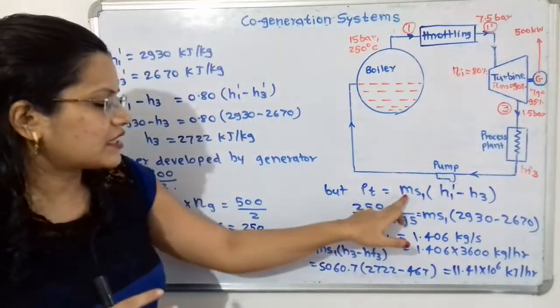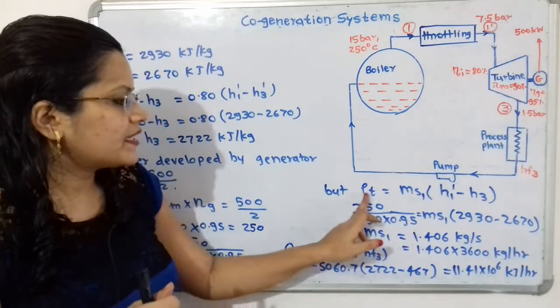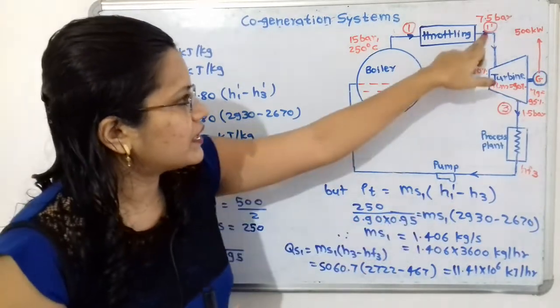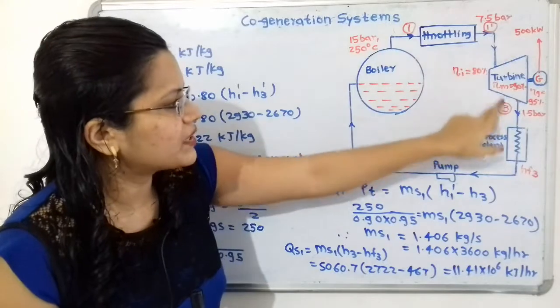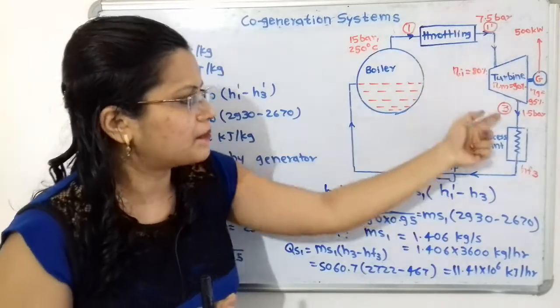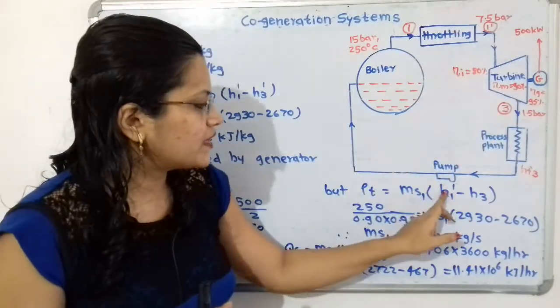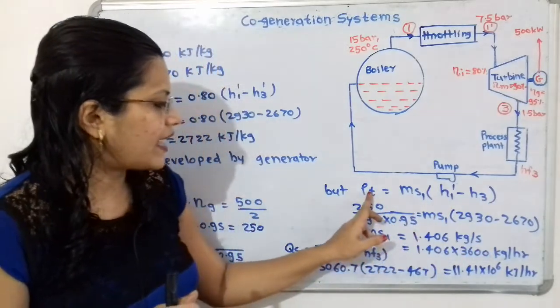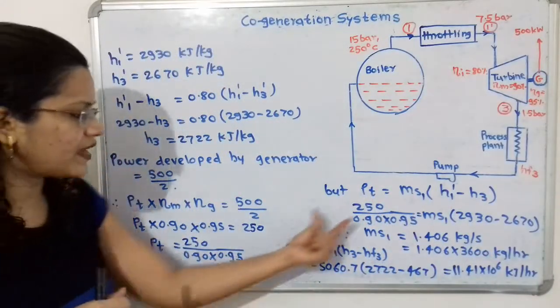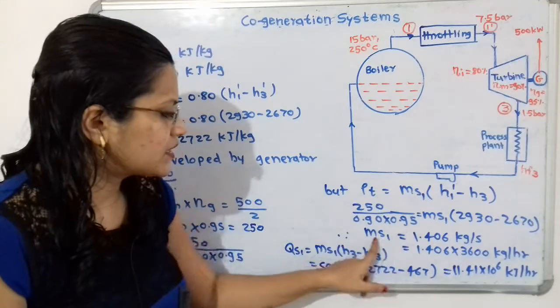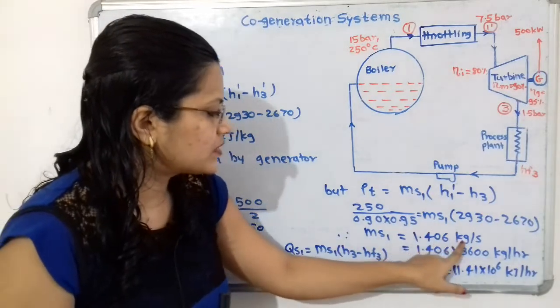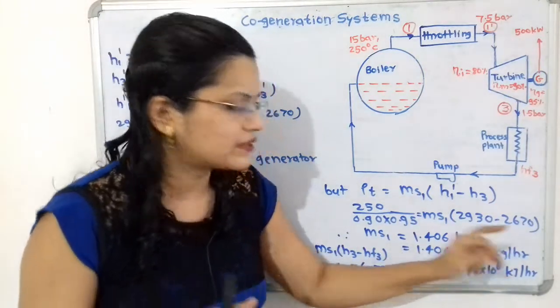So PT is equal to MS1 into H1 dash minus H3. From the diagram we take this enthalpy difference. H1 dash is known, H3 is known, and we put in the PT value. So MS1 is equal to 1.406 kilogram per second.